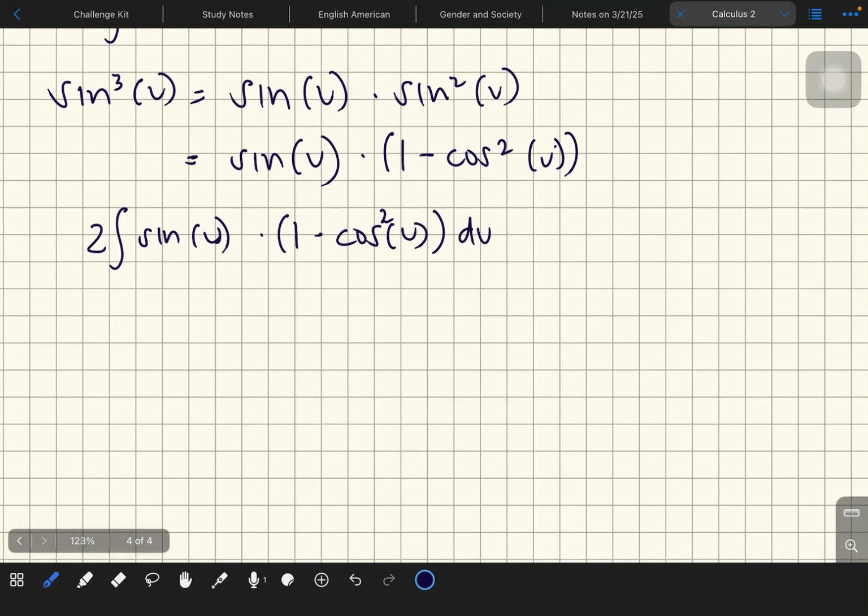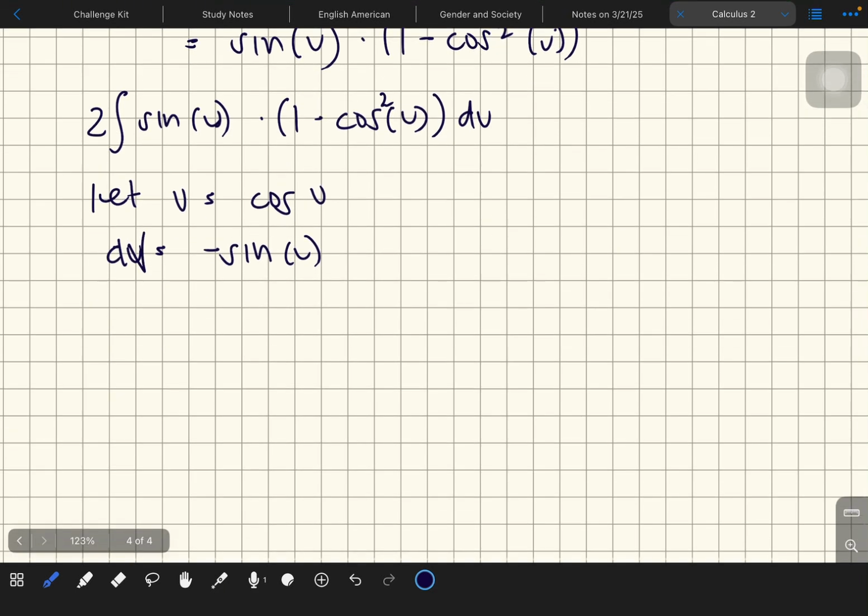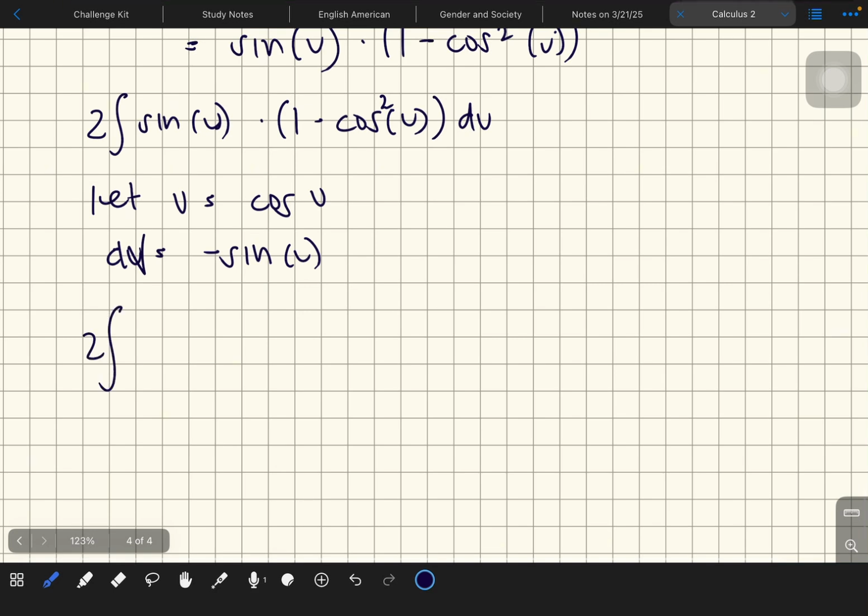So we let again, the variable we will use is v. So let v equal to cosine u. So the derivative is equal to negative sine u. So substitute again, 2 integral of negative dv times 1 minus v squared.